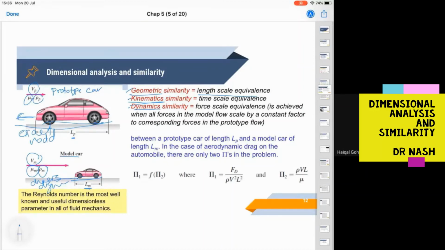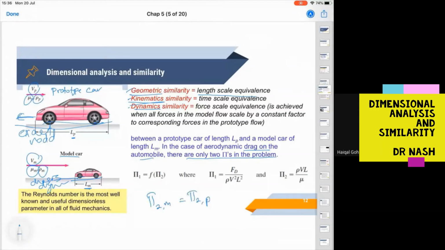Okay, between a prototype car of length LP and a model car of length LM, in the case of aerodynamic drag on the automobile, there are only 2 pi's in this problem. So if we just compare, let's say, the geometrical, pi2 model equals pi2 prototype.